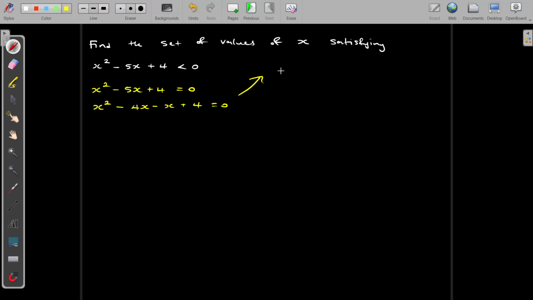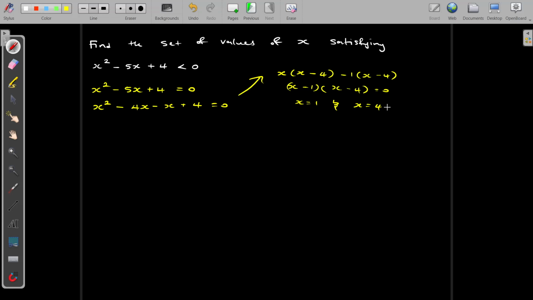From that, we get x minus 1, x minus 4, where x is equal to 1, x is equal to 4. So those would be the critical values. So the critical values are x equal 1 and x equal 4. So you have to do it in ascending order.